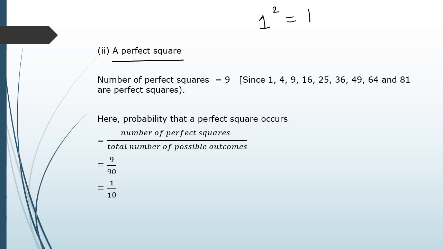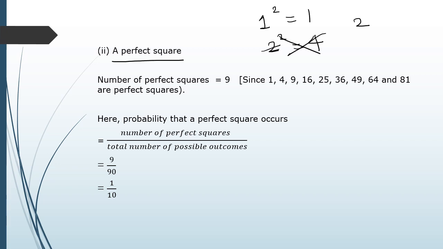Is 2 a perfect square? What we have to check is whether 2 is the square of another number. We don't have to check the square of 2. No, we have to check whether 2 is the square of another number or not.